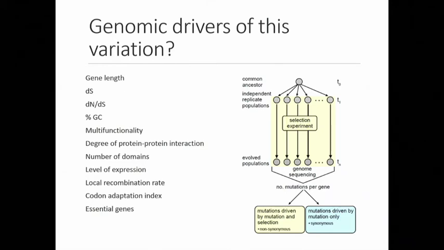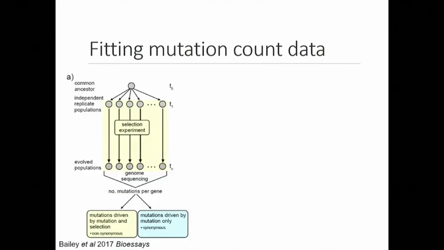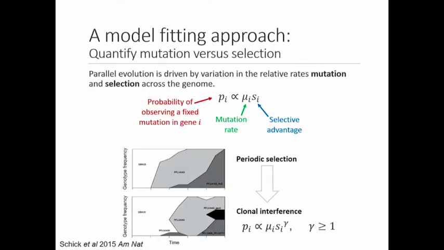Okay, so let me just back up to these. We used this model to try and characterize, really generally, variation that's coming from mutation rate heterogeneity and variation in selection from gene to gene.